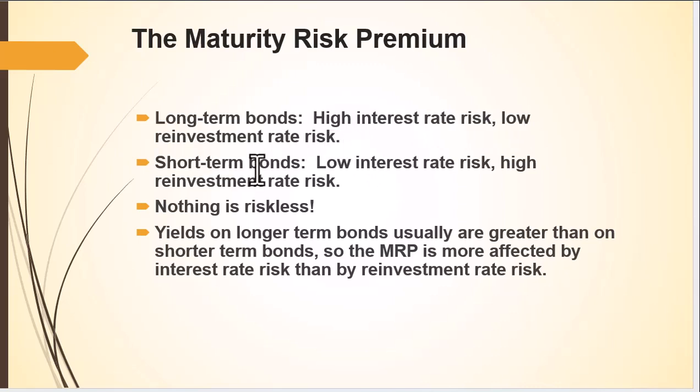Short-term bonds, low interest rate risk, high reinvestment rate risk. So there's nothing as riskless. There's risk everywhere. So the yields on longer-term bonds are usually greater than shorter-term bonds. So this maturity risk premium is more affected by interest rate risk than it is by reinvestment rate risk.